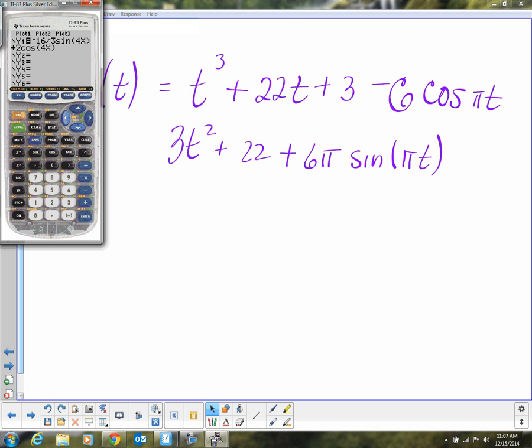So just to prepare you, we are going to go to y equals, clear this, and type in 3x squared. I can't make it any bigger. This isn't the Cadillac, you could say.